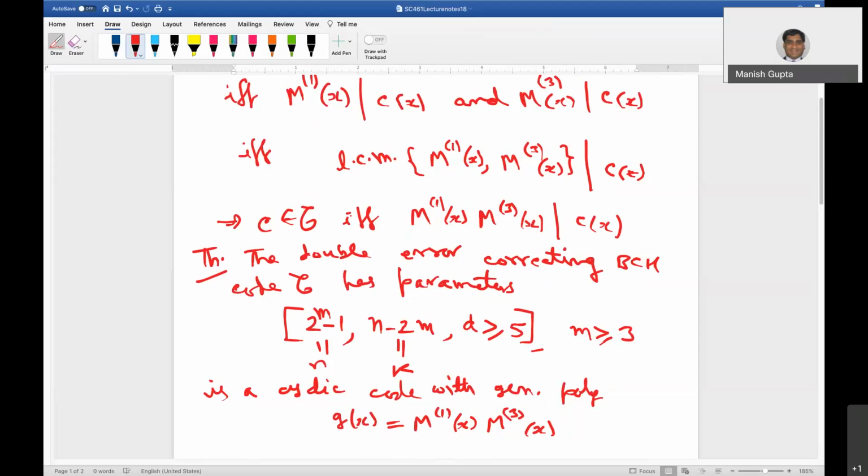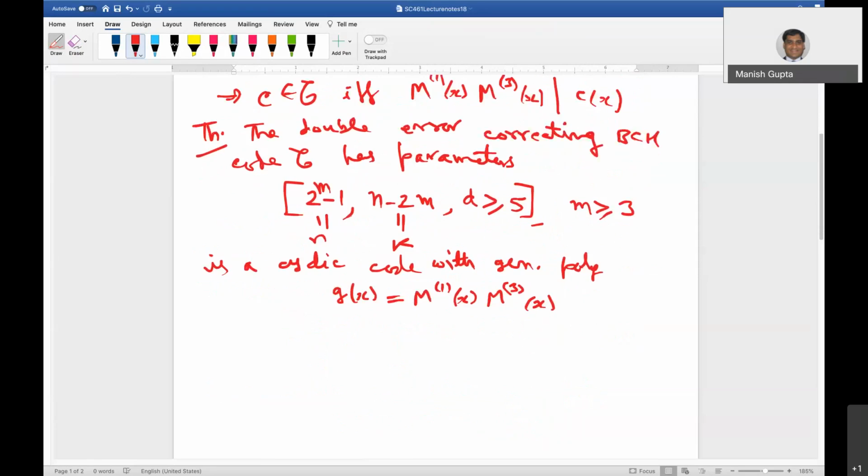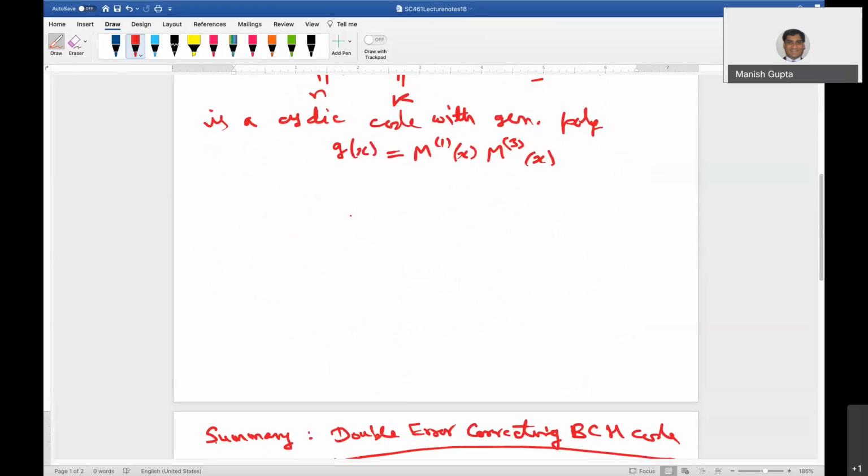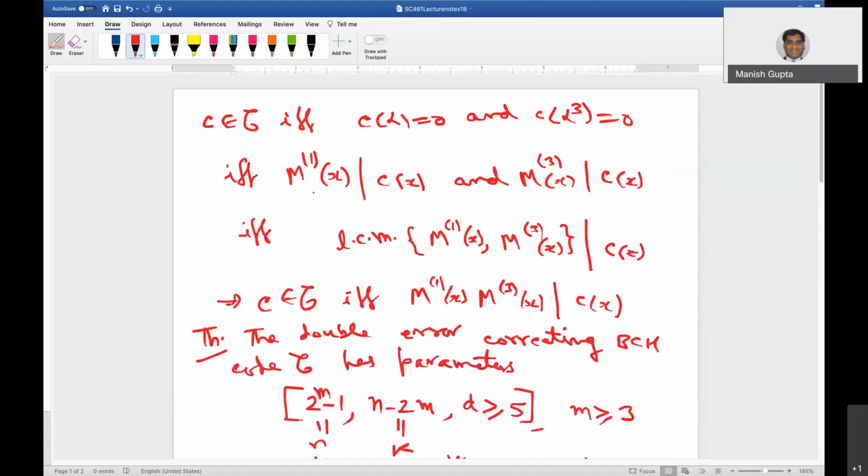Now, clearly we require to give you some basic background on those things before defining the general BCH code. So go to the next.